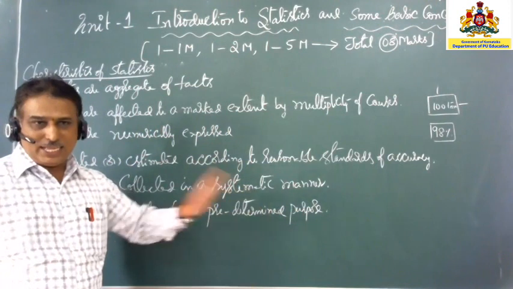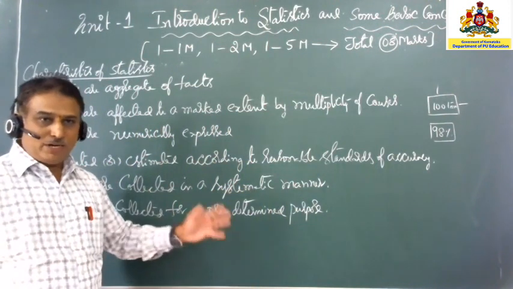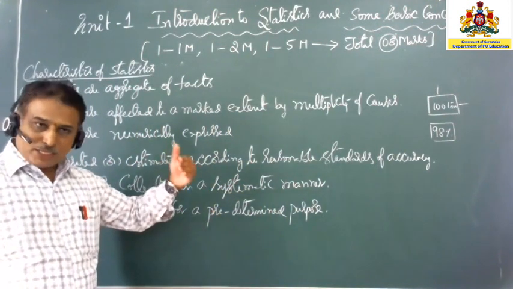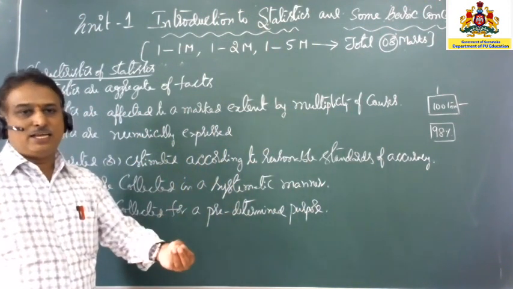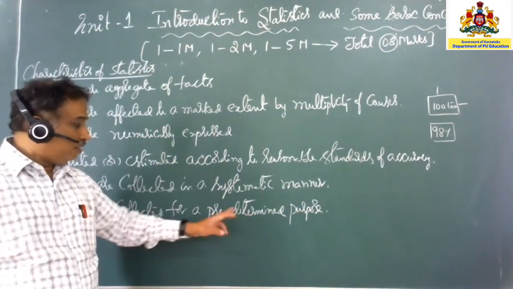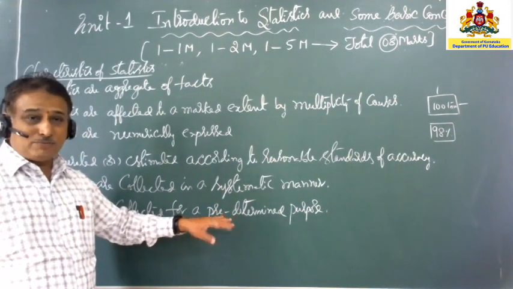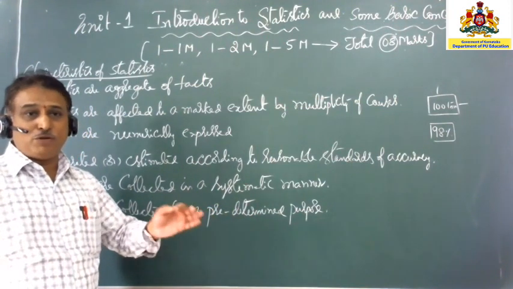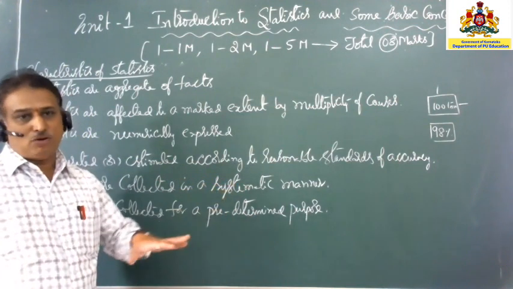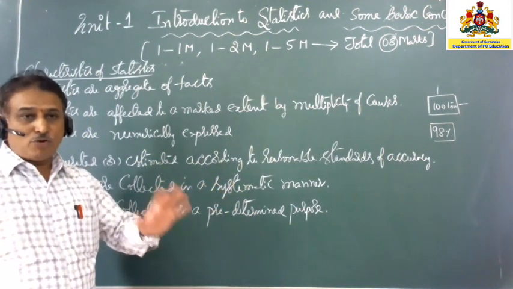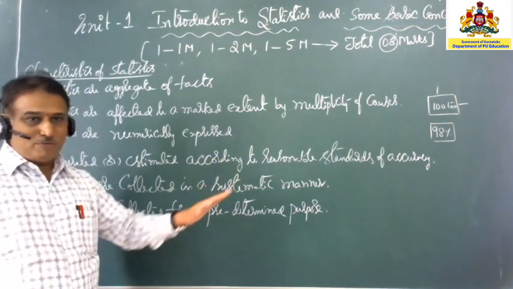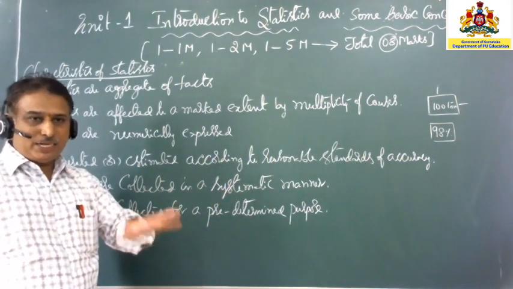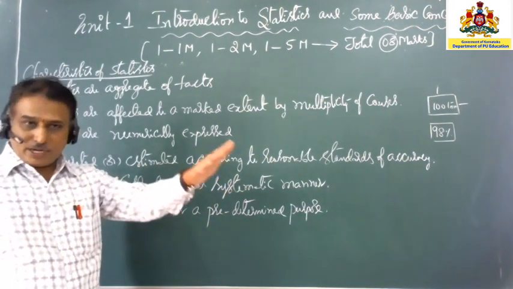Then only you will go in a correct way, you will get the correct results. For a predetermined purpose, for example, I have to start a new PU college in this locality. Before starting the PU college, I am doing one survey. In the nearby location, how many secondary schools are there?